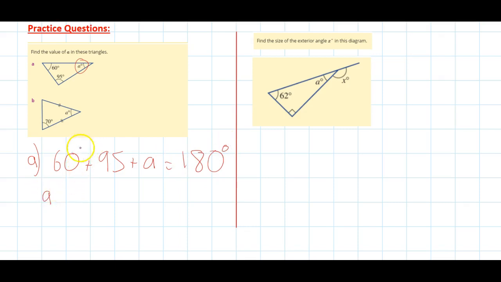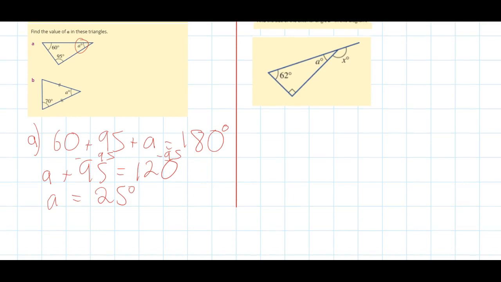If I take 60 from both sides, I have A plus 95 equals 120. Then if I take 95 from both sides, that leaves me with my answer for A, which is 25. So the angle A in this case equals 25.